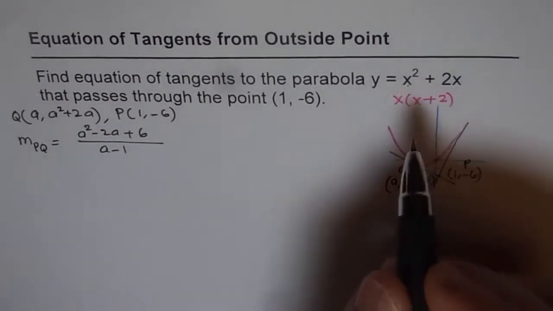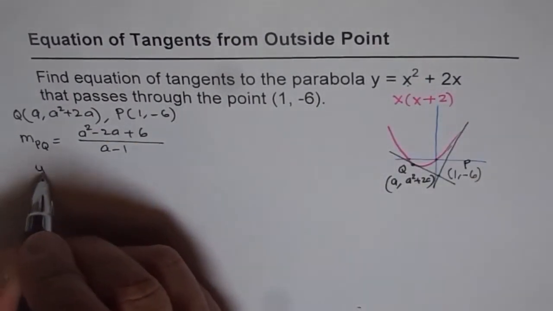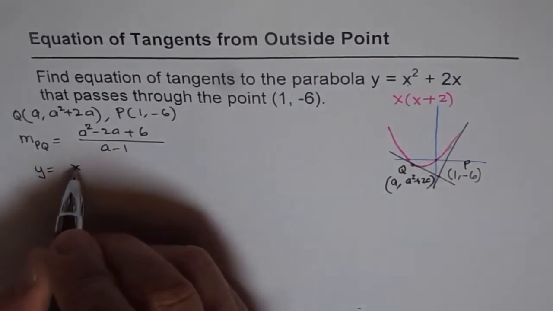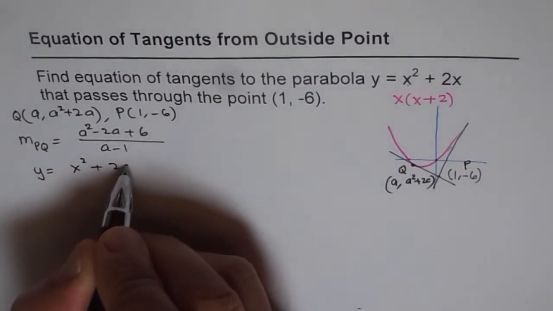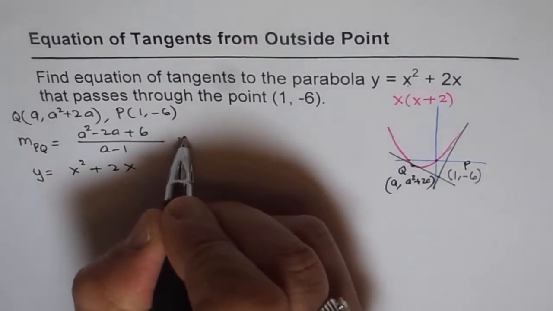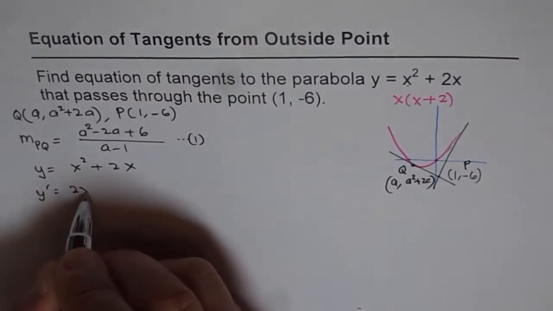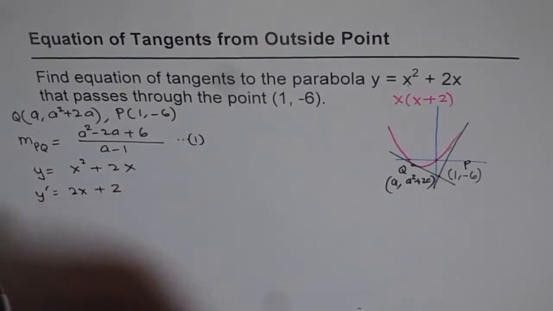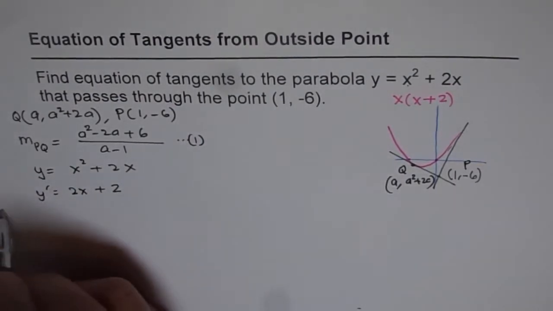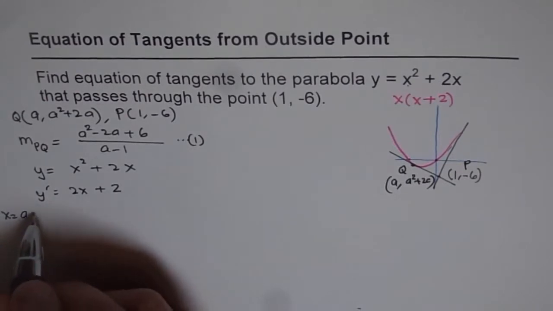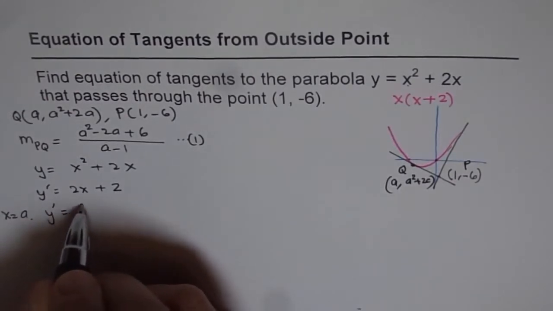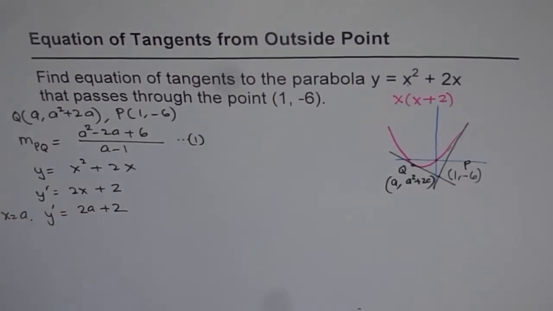Now we also know that the function is y equals x squared plus 2x. Let's call this equation 1, okay? Now y dash will be equal to 2x plus 2. Now what is y dash at x equals a? At x equals a, y dash will be 2a plus 2, correct?